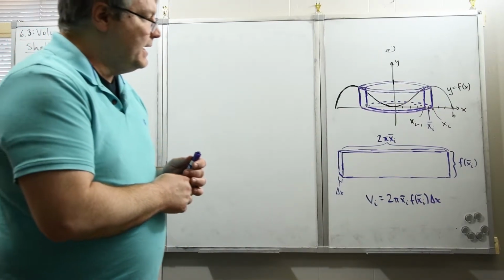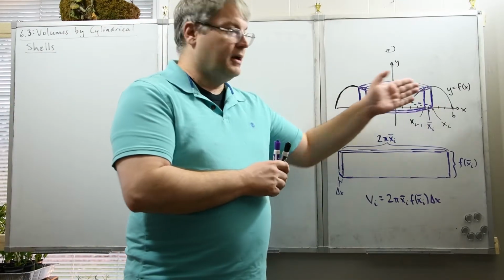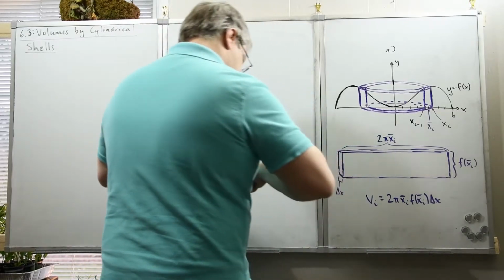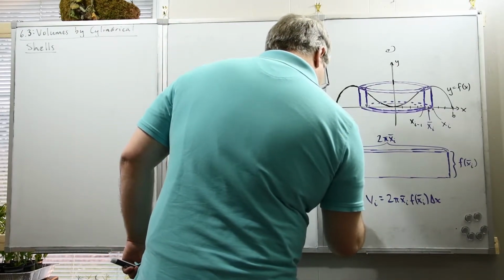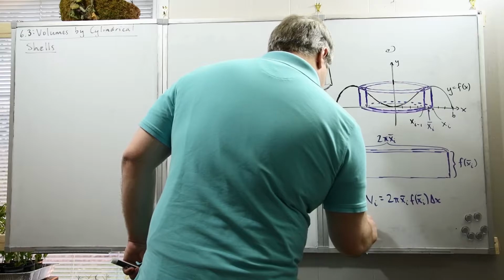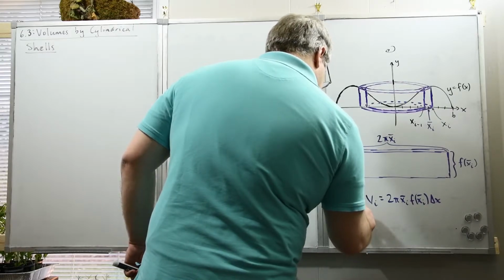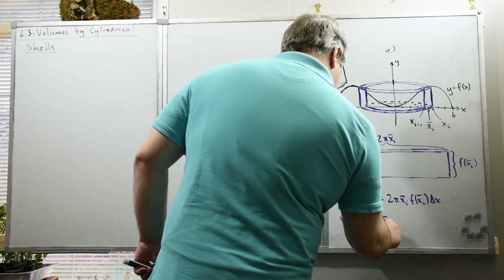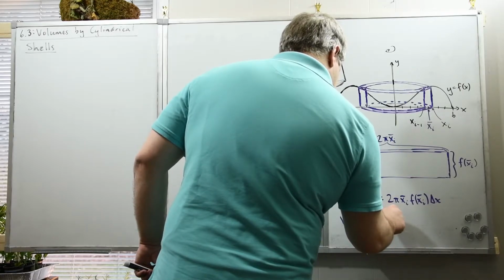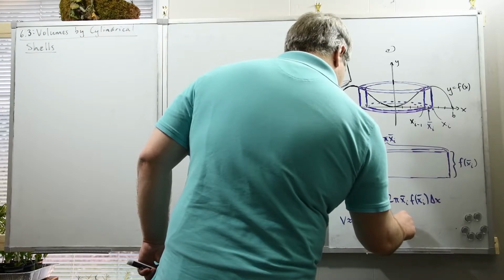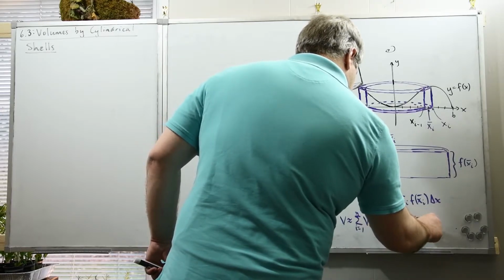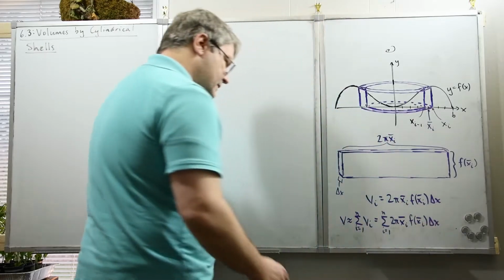And so if we were to get an estimate for the volume of the solid of revolution, then V would be approximately equal to the summation i equals 1 to n of the V sub i's, which is the summation i equals 1 to n of 2 pi xi bar f of xi bar times delta x.